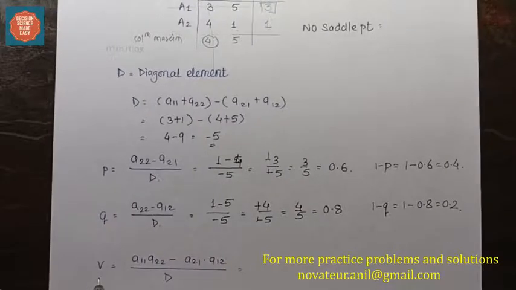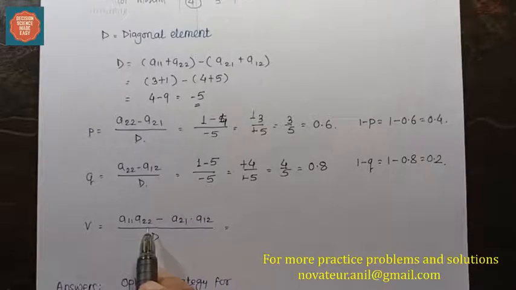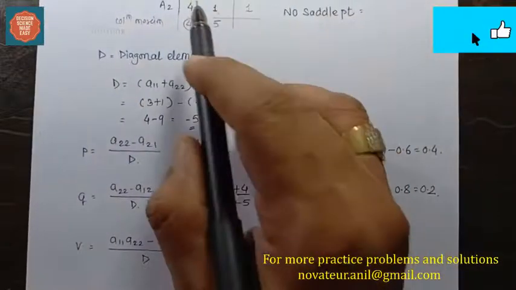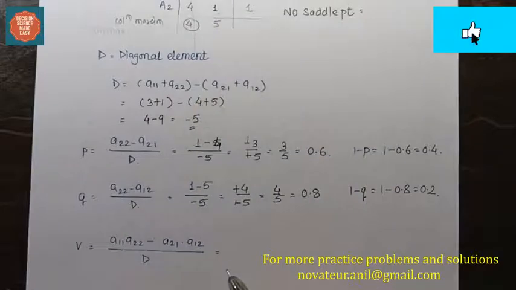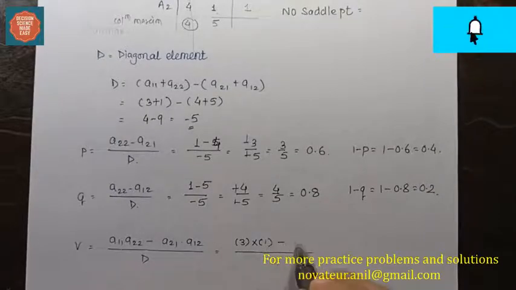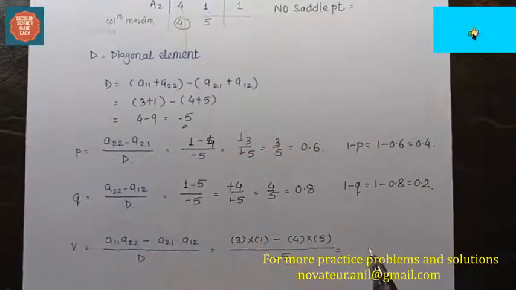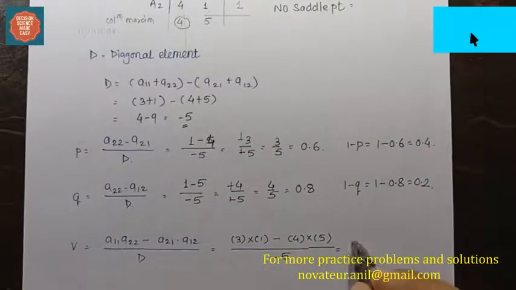Value of V is nothing but the value of the game. So the formula for that is very simple: A11 into A22 minus A12 into A21, divided by D, that is, we multiply the diagonal elements. So I'll just try to solve this. This is nothing but 3 into 1 minus 4 into 5. I put the braces because sometimes there will be negative values also, so it will be easy for you to remember that sign plays a very crucial role here.